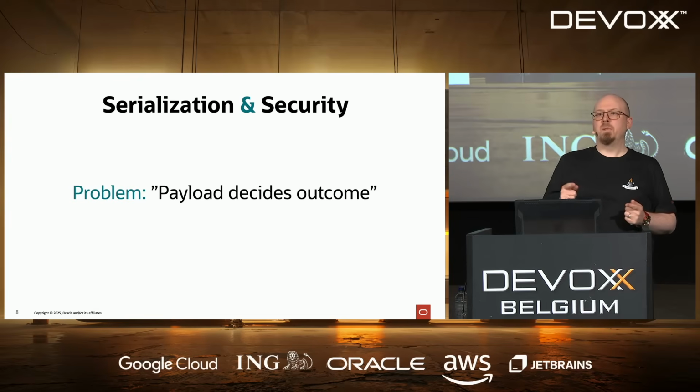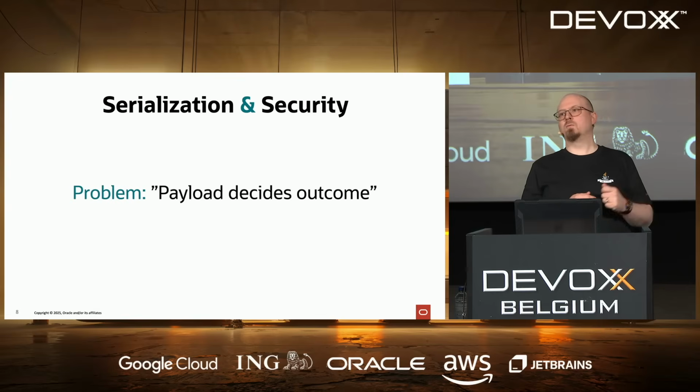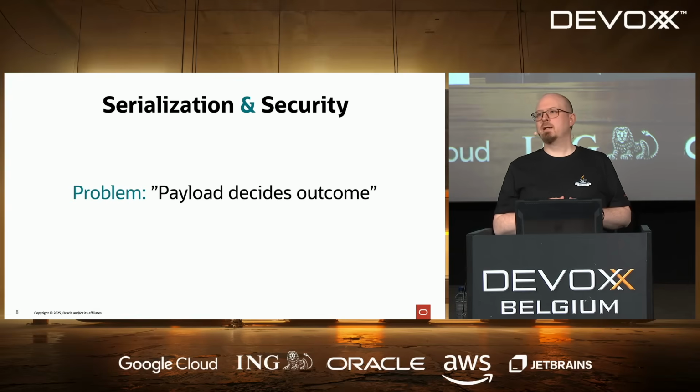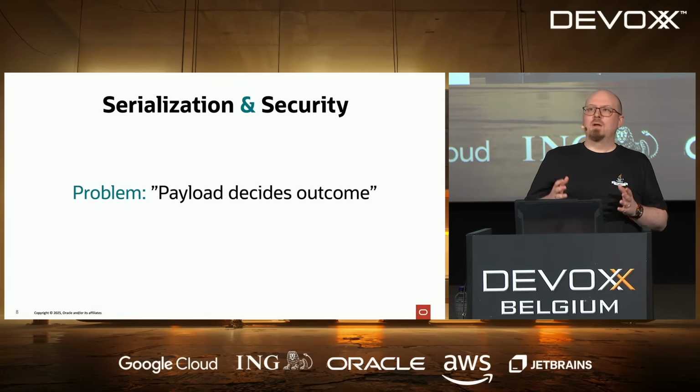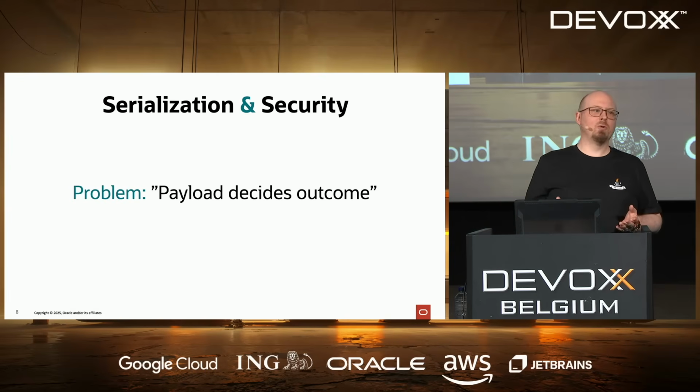And that means that the payload says, okay, I have a whatever, and then you can only check after the fact that, oh, this isn't what I was thinking I was getting, but then you've already deserialized something that could potentially be maliciously created or even corrupted. And then it's too late because you've already constructed it. So I think relying solely on the payload being the source of truth is a potential recipe for problems.